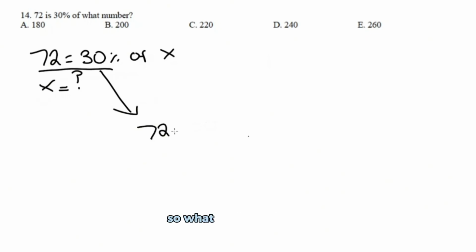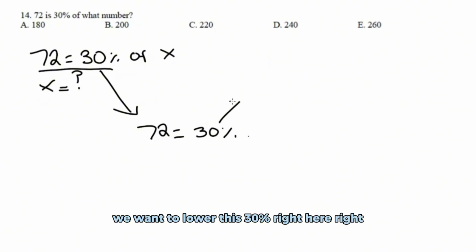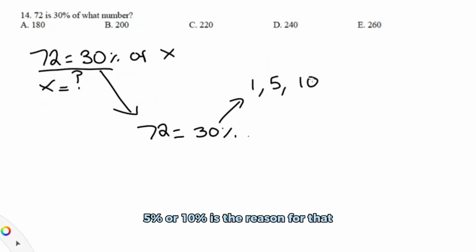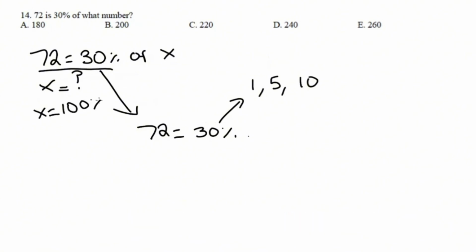So what we want to do is lower this 30% right here. We want to find what either 1%, 5%, or 10% is. The reason for that is if we have one of these three numbers, it's a very simple operation to find what 100% is. In this case, x equals 100%.